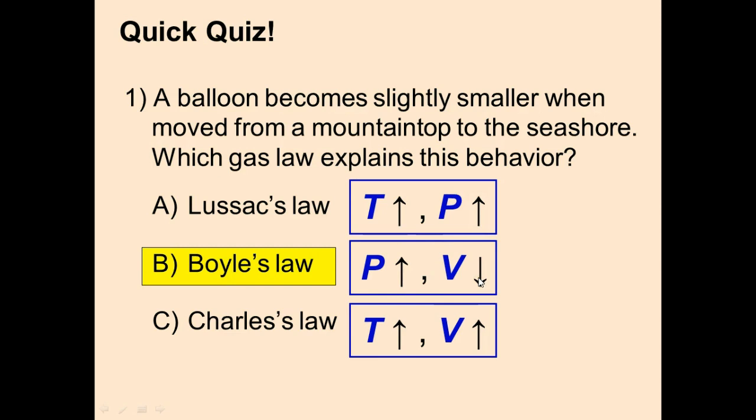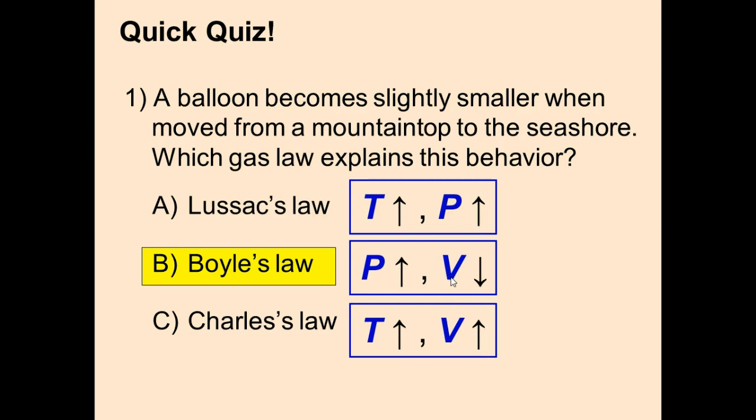So it's pretty much like squishing something. That pressure is squishing the balloon, and as we have more and more pressure, the volume gets smaller because there's more force pushing down. So that's why this balloon is getting smaller at the seashore compared to the mountaintop.